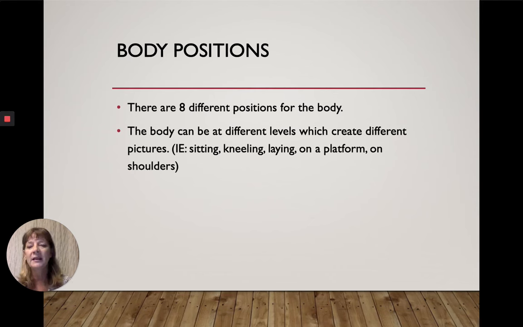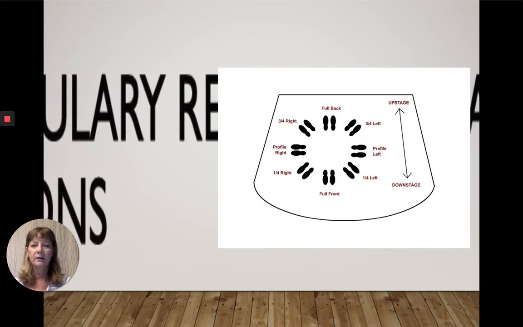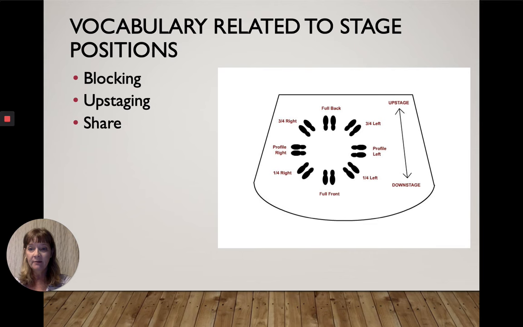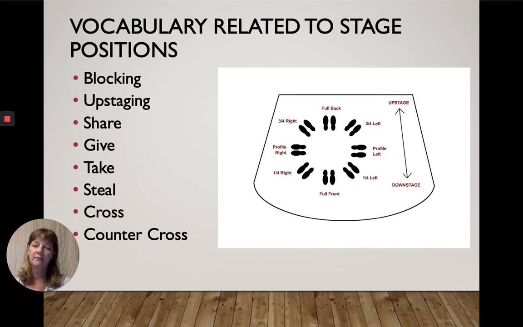For example, sitting, kneeling, lying down, being on a platform, or sitting on someone's shoulders even. But the vocabulary involved includes blocking, upstaging, sharing, giving, taking, stealing, crossing, and countercrossing.